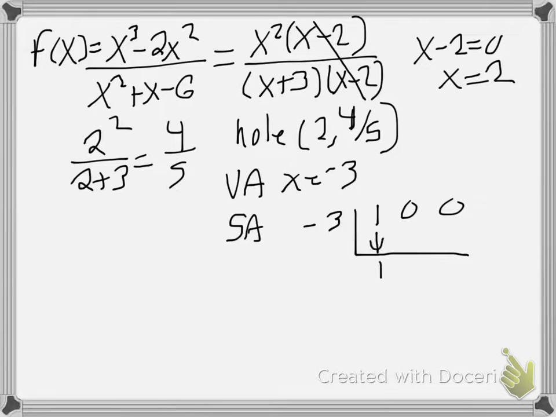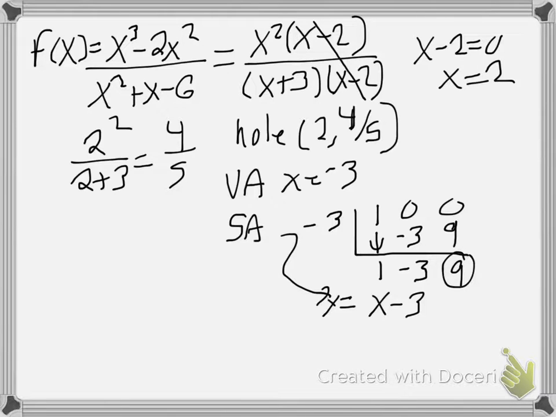So I bring down the 1. That becomes -3, -3. This becomes 9. We don't care about that. So we have x minus 3. So my slant asymptote is going to be y equals x minus 3.